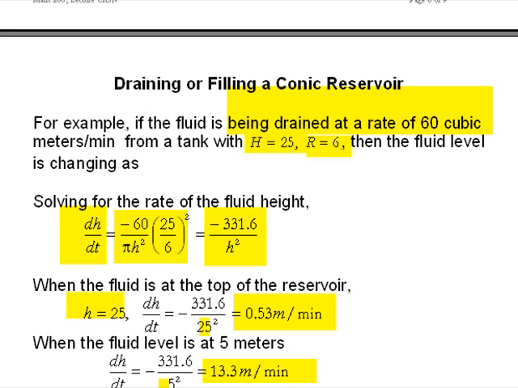Then you take the derivatives with respect to time of both sides. You'll end up with the first derivative with respect to time of both variables. You can solve for one or the other. And if you have a variable in there, you know that the changes will depend on the height or the radius, for example, how high the fluid is, or how much air you already have in the balloon.